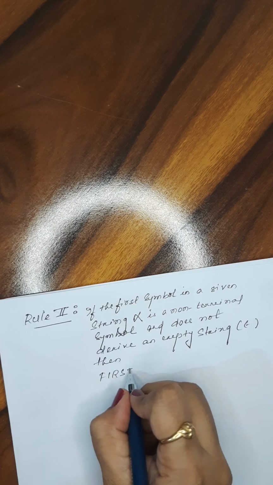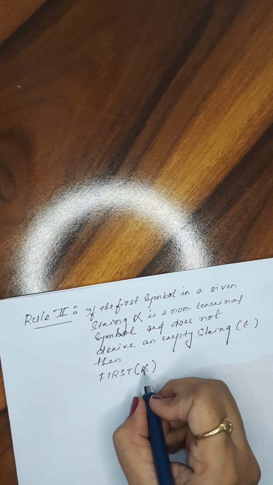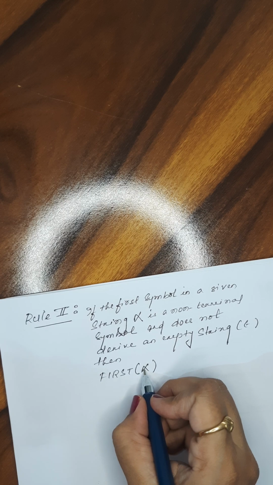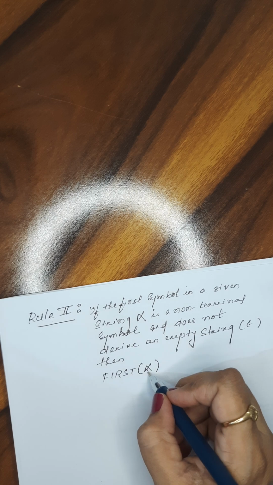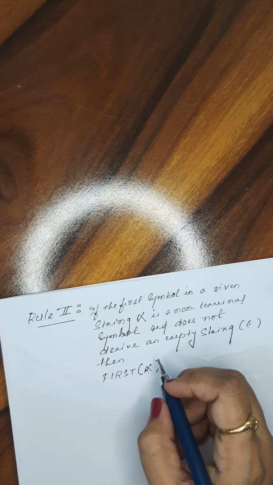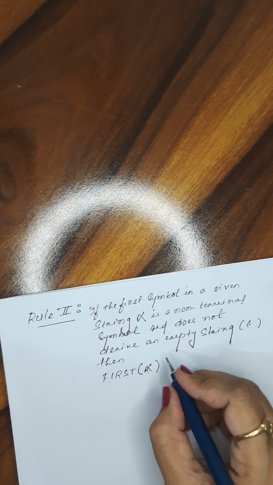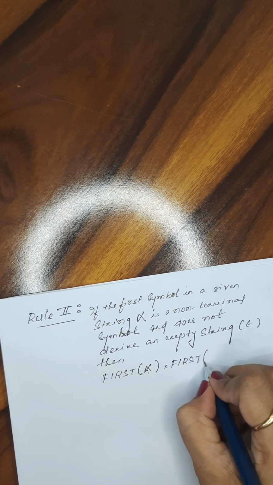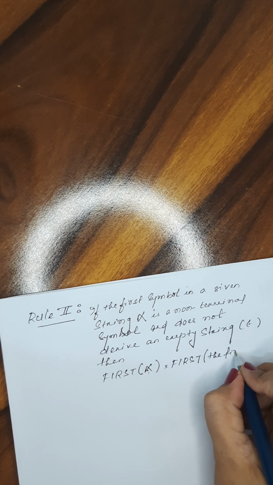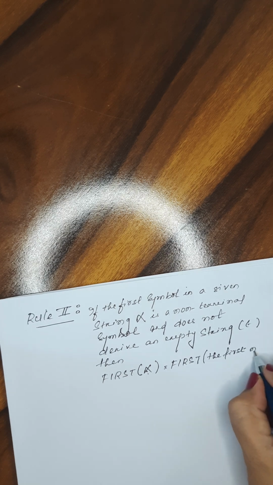first of alpha means the terminal, non-terminal, whatever will be given to you, but basically we find out the first of the non-terminal. Alpha can be a combination of your non-terminals and terminals. So, we take it as V union T star, is equal to first of the first non-terminal.